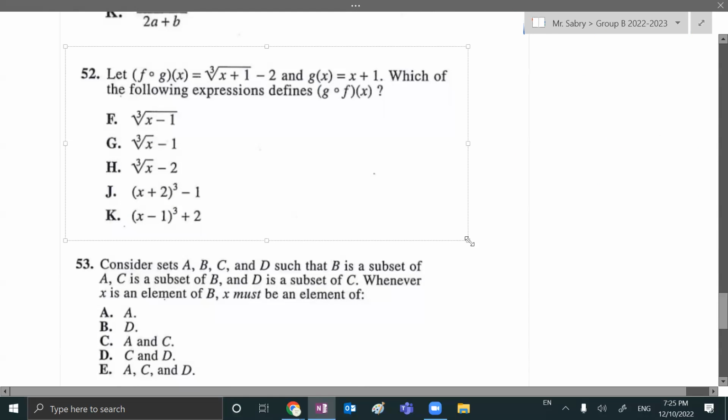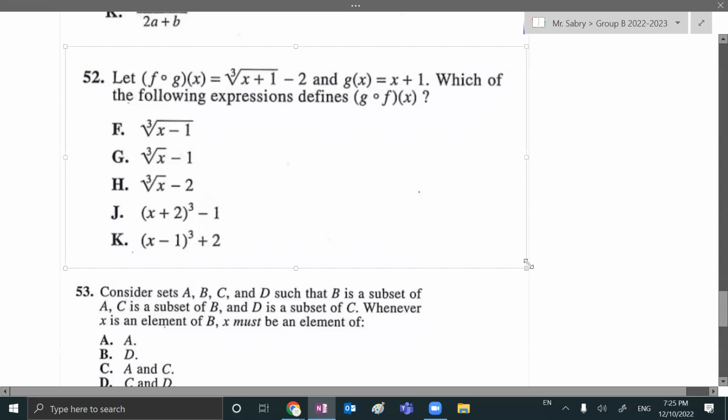52. We said this symbol here, g of f, means g of f of x. That means I need to put f of x inside the g. So instead of this x, I'll open up a big bracket, and inside the bracket I'll put the f of x.